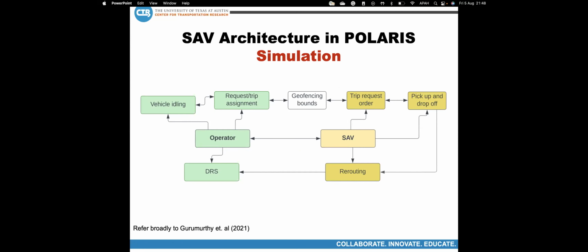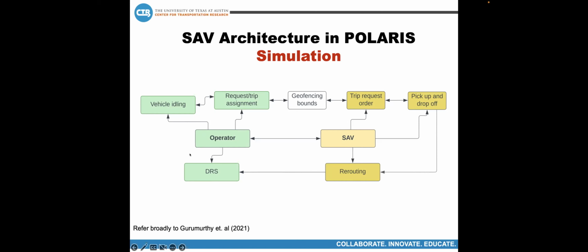So the SAV module in the Polaris framework revolves around the operator and the SAV vehicle. SAV agents were developed to model the operations of the SAV fleets.